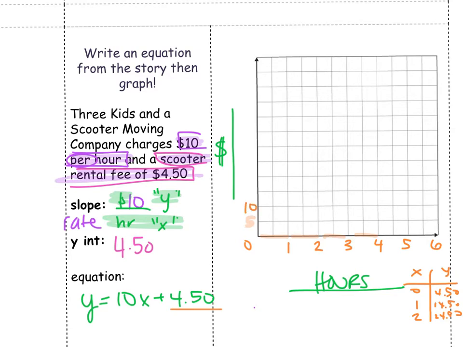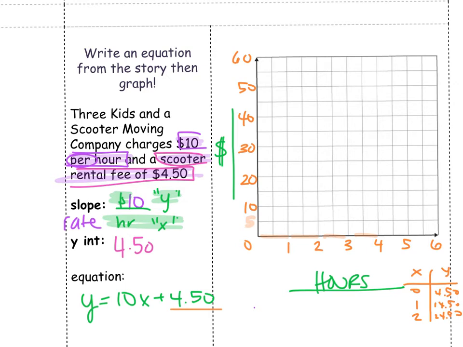So we have 10, 20, 30, 40, 50, and 60. So each line is representing $5. And that's going to make it a pretty decent sized graph, taking up our space, but not being so cramped that we can't see. The one issue is my first point is the point (0, 4.50), so we will have to estimate a little bit, but that's okay.